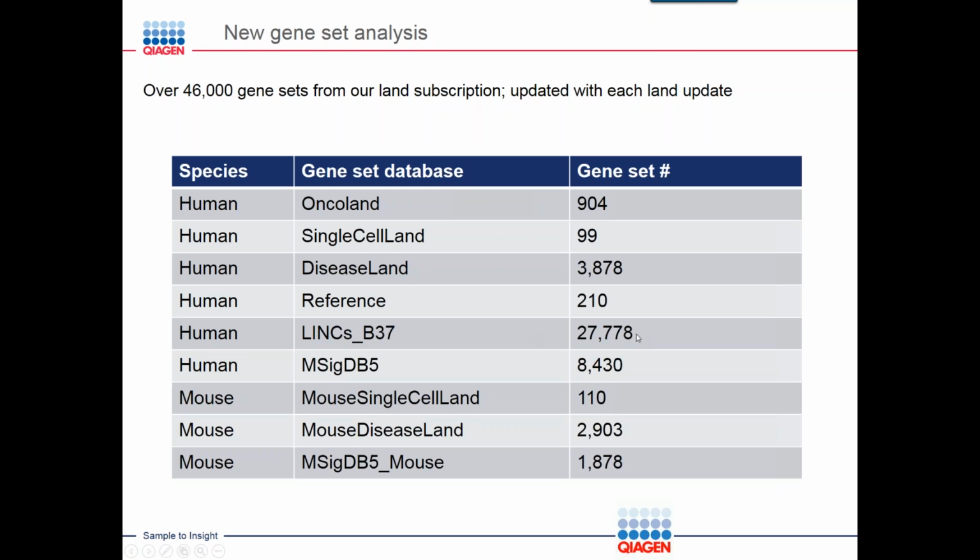So this particular LAN itself has over 27,000 gene sets that can be taken advantage of. This one, of course, requires a disease LAN subscription. And also, this one provides cross-species analysis. They provide access to mouse gene sets as well. So at least at this stage, this is the only way to take advantage of cross-lan and cross-species analysis.